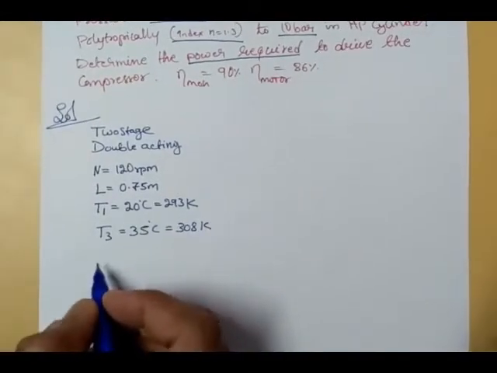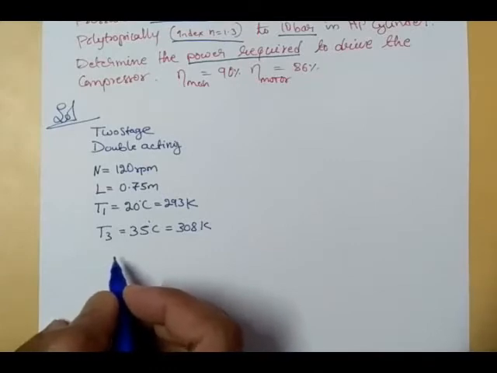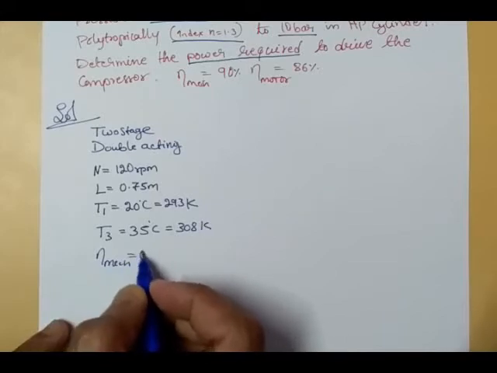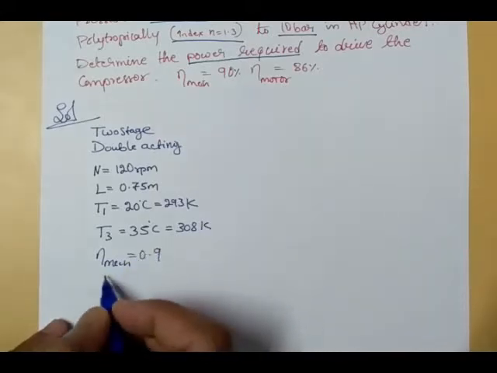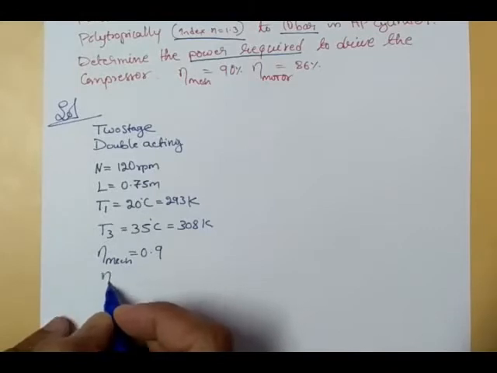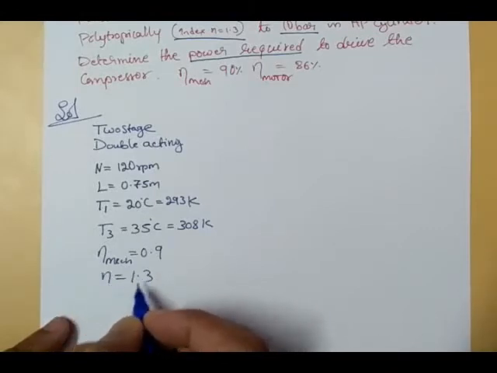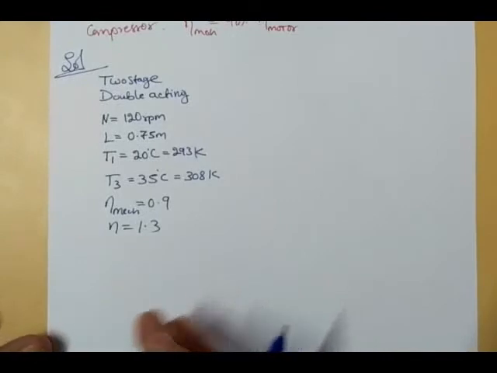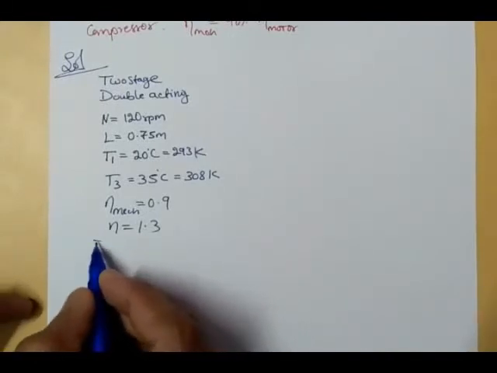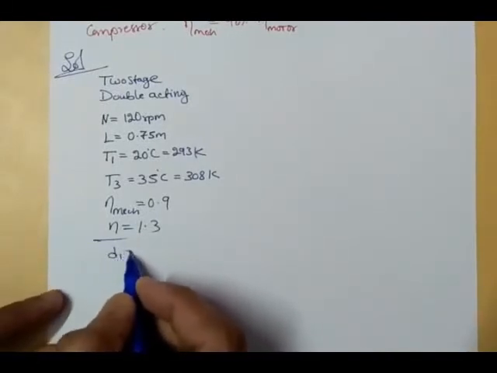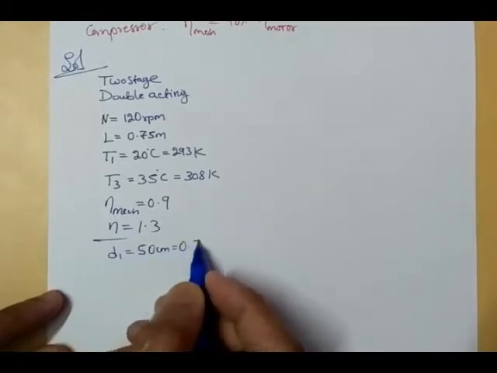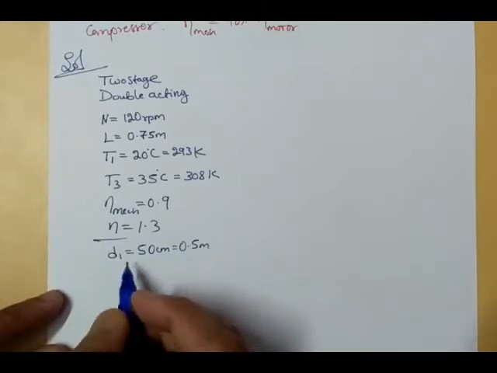Next we have mechanical efficiency 0.9, and n is given for the high pressure compressor, that is 1.3. Along with that, a few more data are given: diameter of first cylinder 50 centimeter, nothing but 0.5 meters.